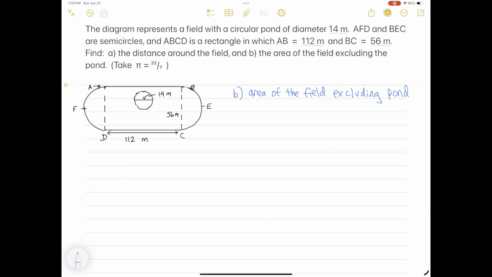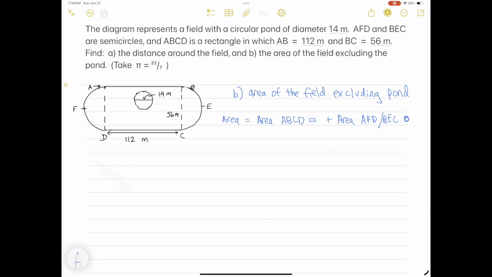So first I will solve for the area of the entire field, ignoring the need to exclude the pond for now. So the area of the entire field would be the area of the rectangle ABCD plus the area of the circle formed by the two semicircles AFD and BEC.